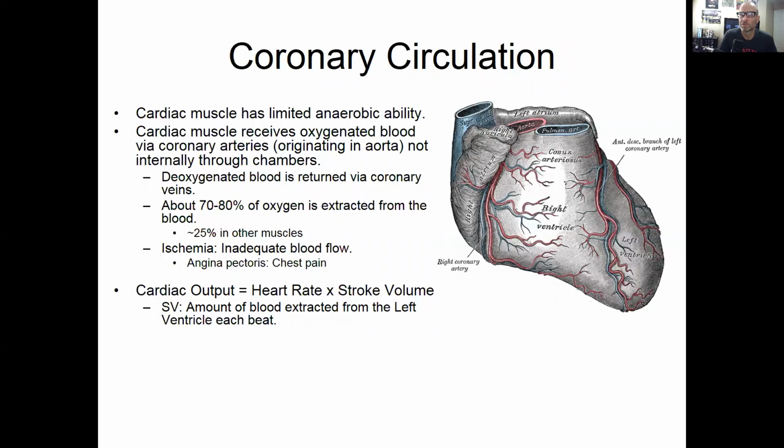Cardiac output, you should know this, is the product of heart rate and stroke volume, being the amount of blood pumped out of the left ventricle with each beat. That's our stroke volume. All right.